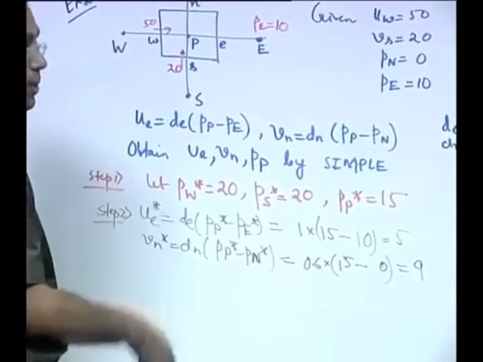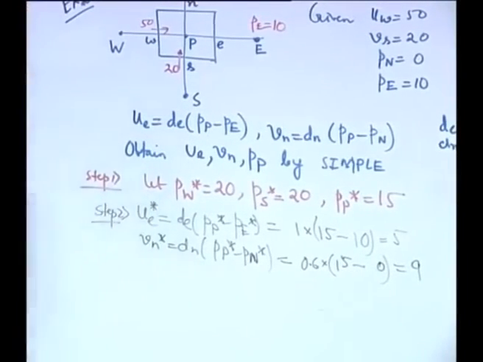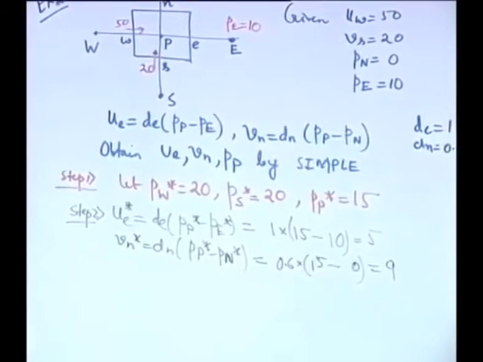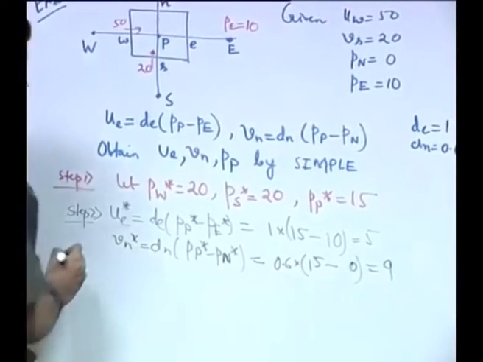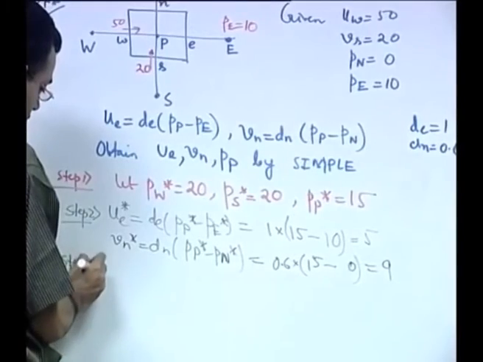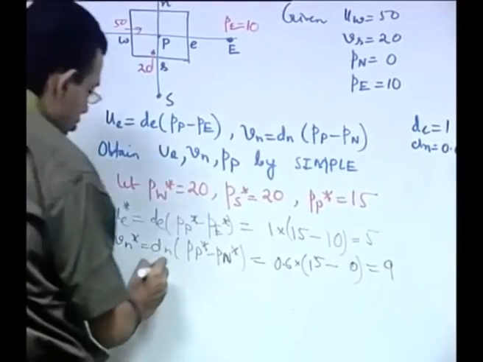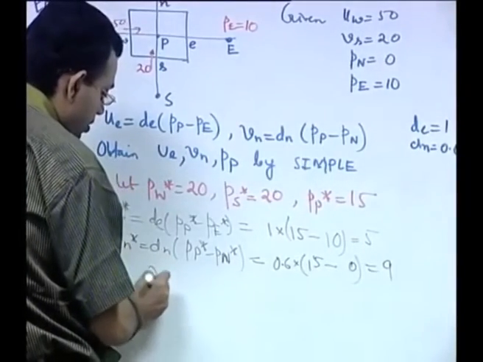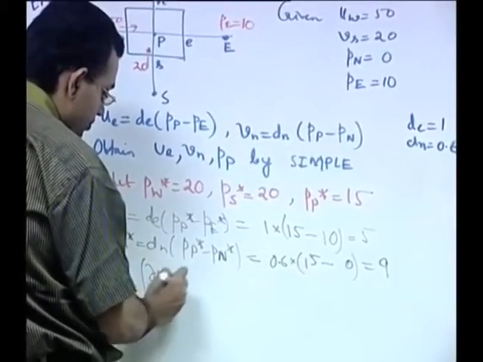What will be the next step? Next step is to derive the pressure correction equation. So, it is a 2-dimensional problem, incompressible flow.